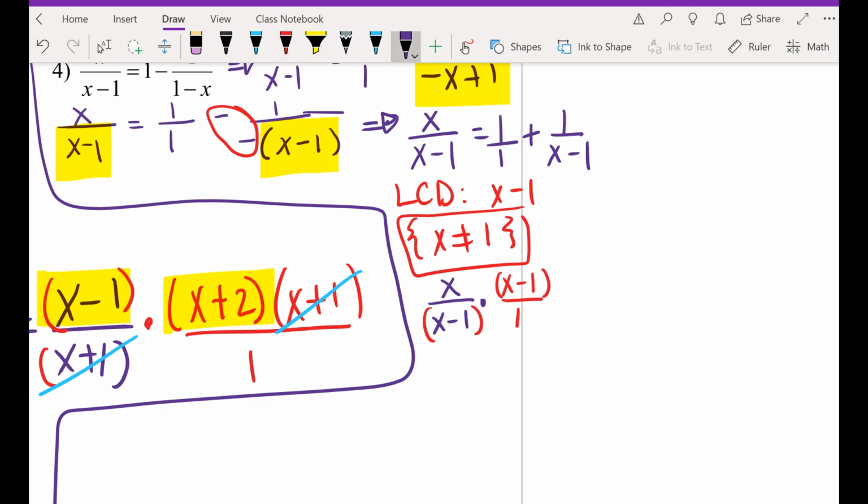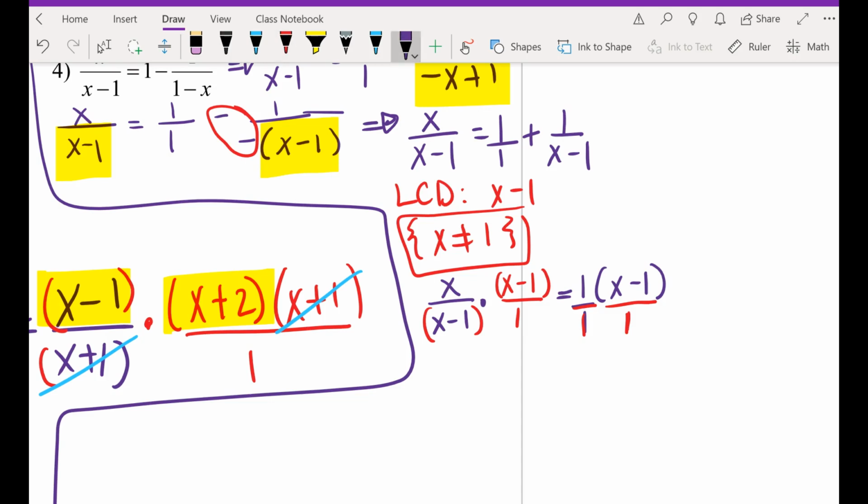Now, I wrote the 1 over 1, but technically you don't have to do that. You can just write 1 times x minus 1. If you like to do 1 over 1, it's still up to you. That is fine. There's no difference dividing by 1.